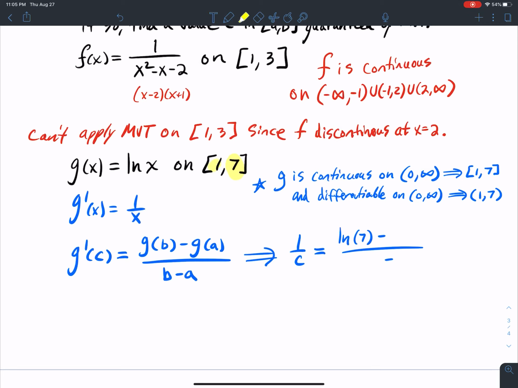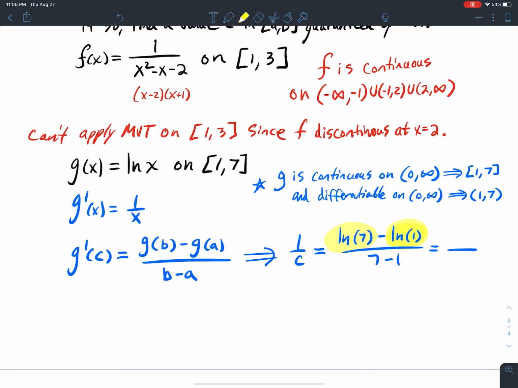Okay, remember a and b here. Divided by g of a, which is ln 1. I'm sorry, minus ln 1. And then divided by b minus a. Well, b is 7 minus 1. Okay? And when I do this math here, I have ln 7 minus ln 1.